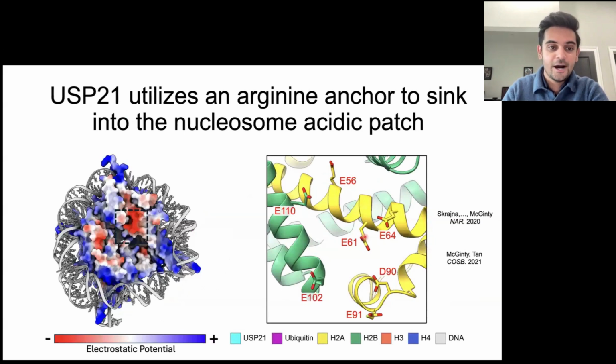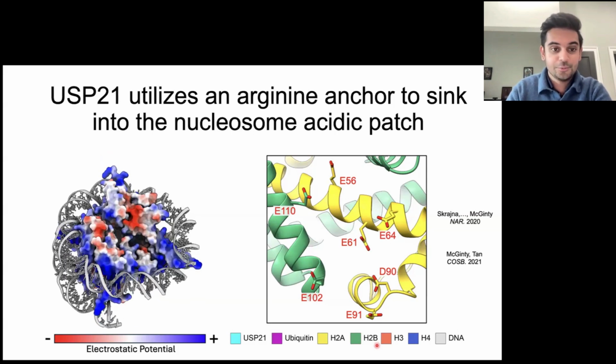The first, which really isn't much of a surprise to us, is the nucleosome acidic patch, which, to remind you all, is a cluster of negatively charged amino acids contributed by H2A and H2B. And we know from some fantastic work from Rob McGinty's lab that about 50% of nucleosome binding proteins utilize this region for nucleosome recognition.